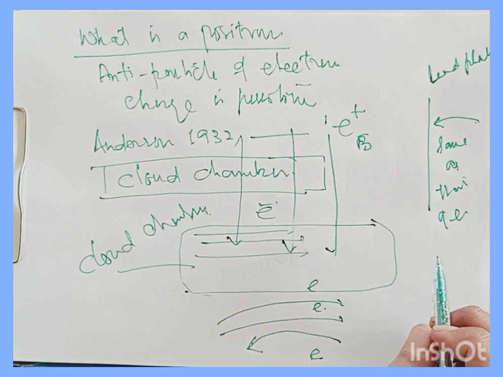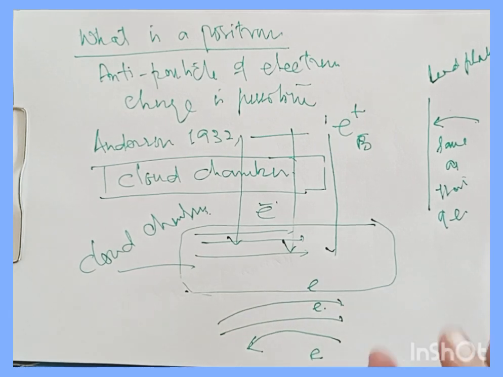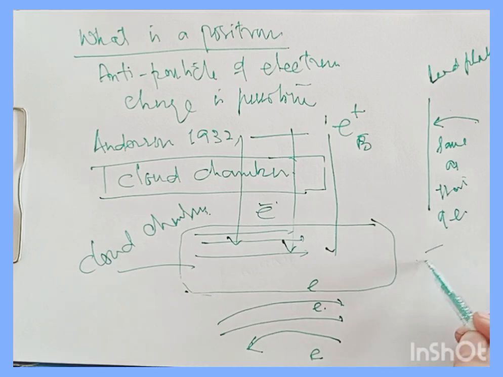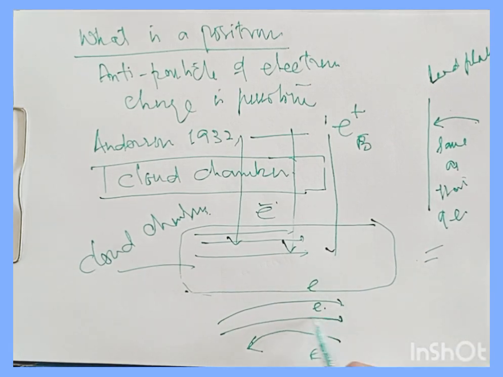So it was concluded that it was a positively charged particle. Its dynamics is the same as that of the electron, but it experiences a force in the opposite direction, and its trajectory passes in the opposite direction. This led them to claim that they had discovered a positively charged electron known as positron.